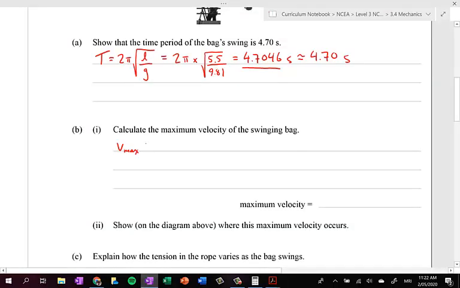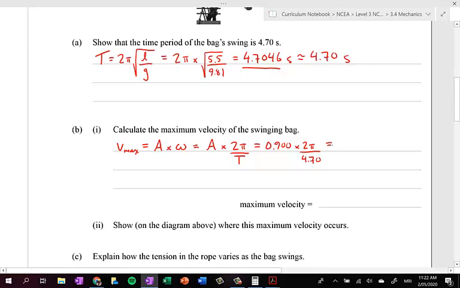So Vmax is going to be equal to the amplitude times the angular frequency, which is equal to A times 2 pi over the period, which in this case, the amplitude was 0.9 meters times 2 pi divided by the period that we found here, which was 4.70.